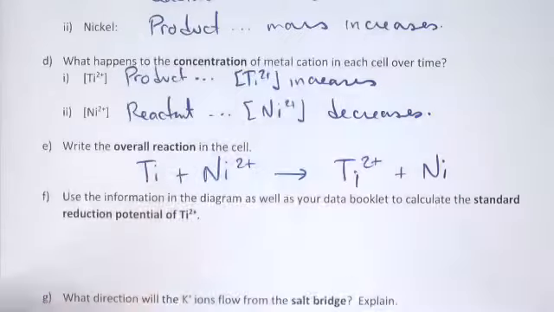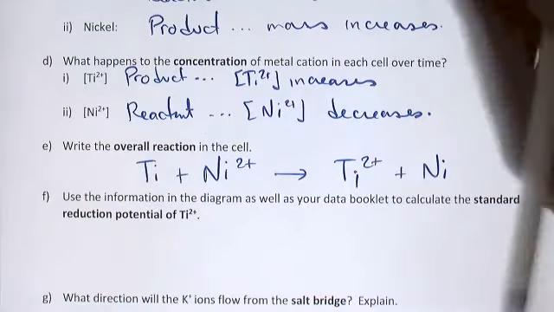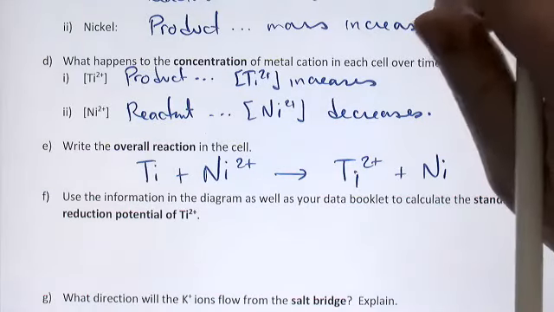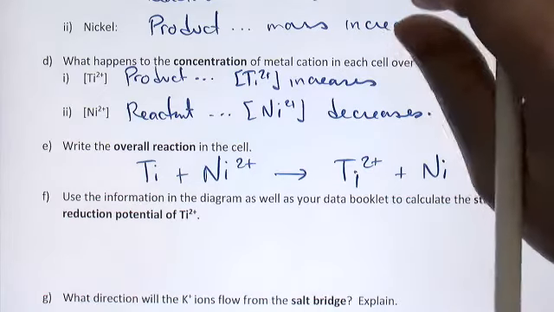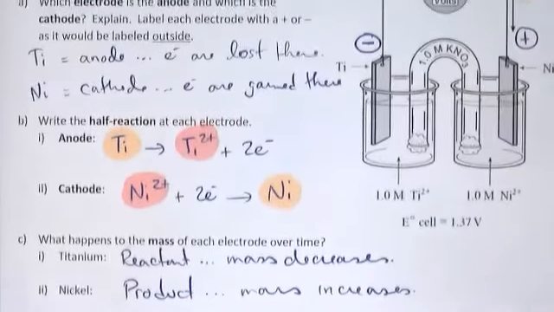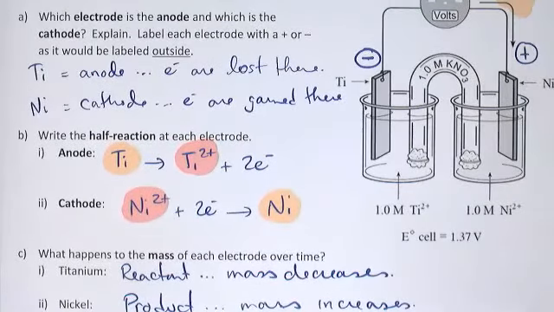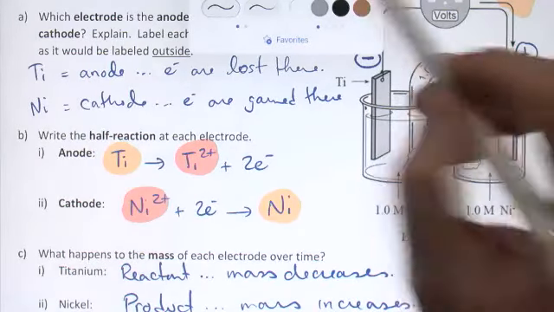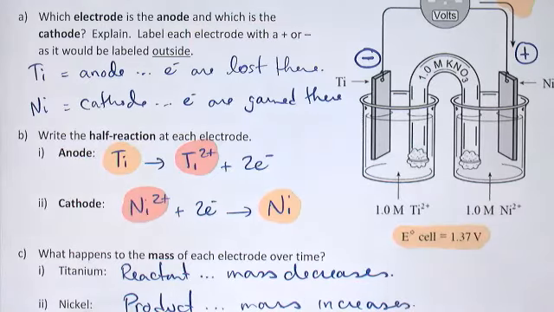And then use the information in the diagram as well as the data booklet. What's the standard reduction potential for titanium 2+? What information in the picture can we use to help figure that out? We're given E cell. Yeah, so we're given the standard cell potential here was 1.37 volts, weren't we?